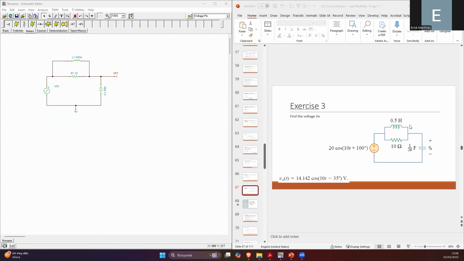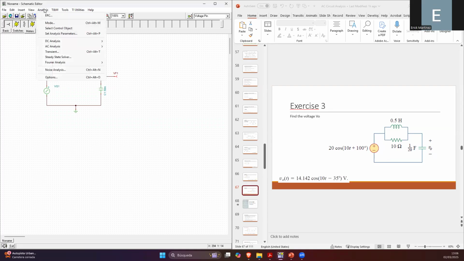They are essentially the same value. Also, we have here the 10 ohms resistor, and here we have the 5 millifarads capacitor that is equal to 1/20 farads. Now we can go here to analysis, and then you go to calculate nodal voltages.